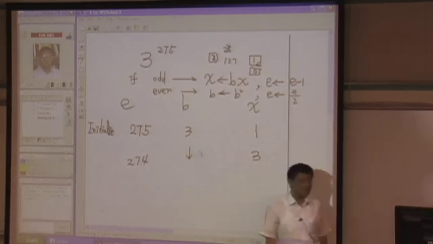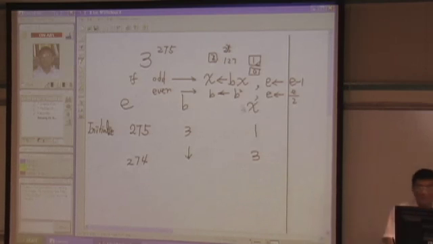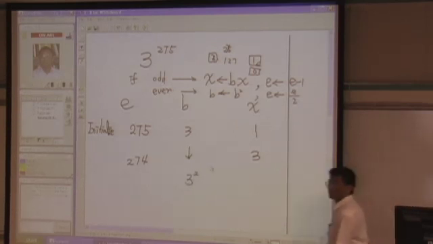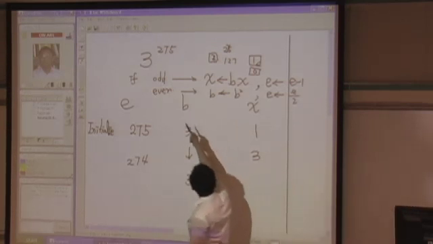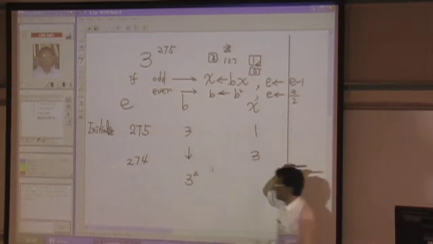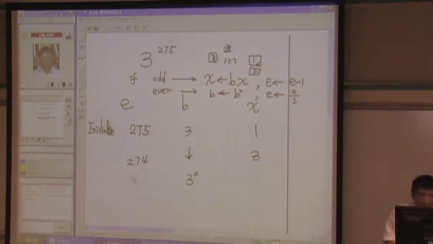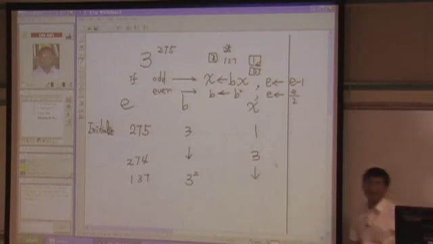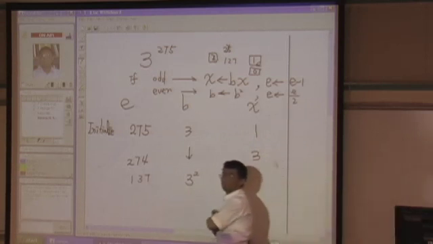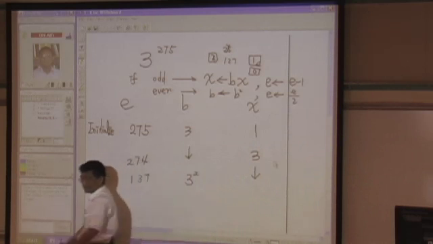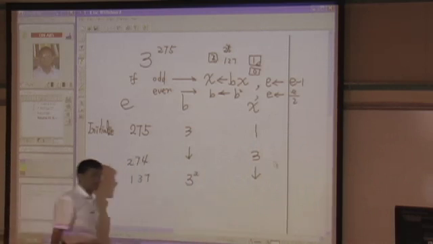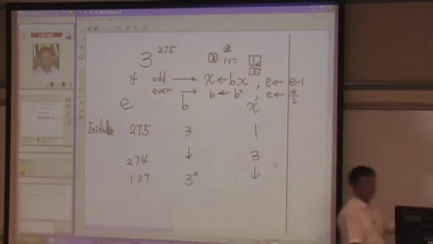Now, the next step, because it's even, what should we do? b should be b squared. Do you get it? And then, what is the next thing? e should be 137. And then this is kept, right? And then you can do it to practice. So you can write down these things to practice.